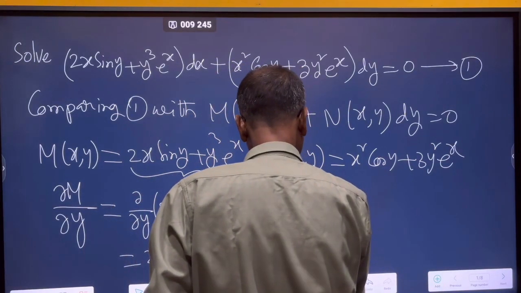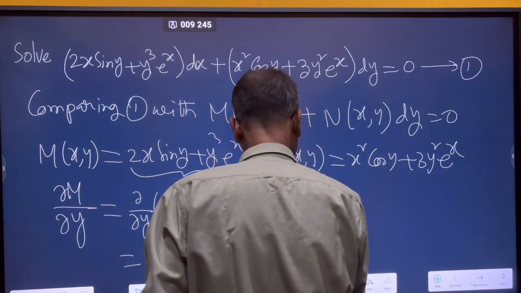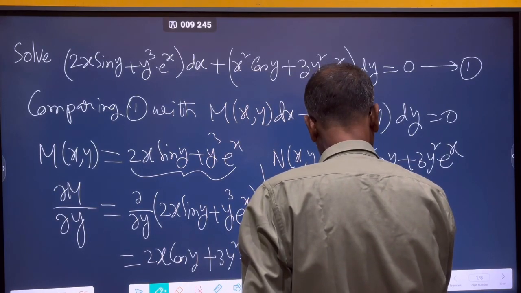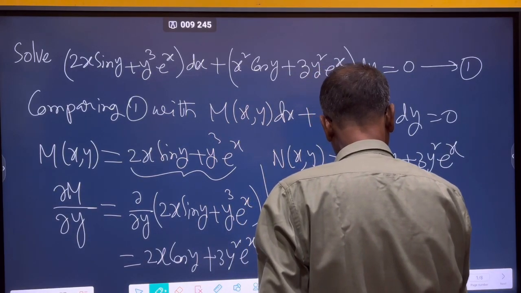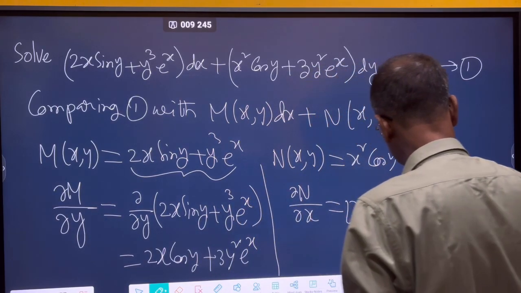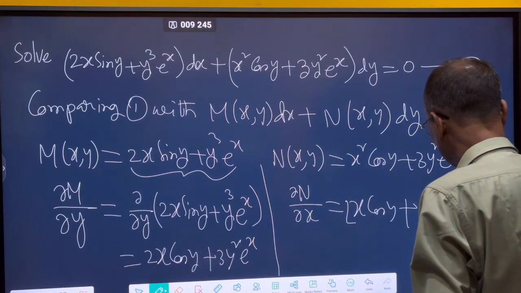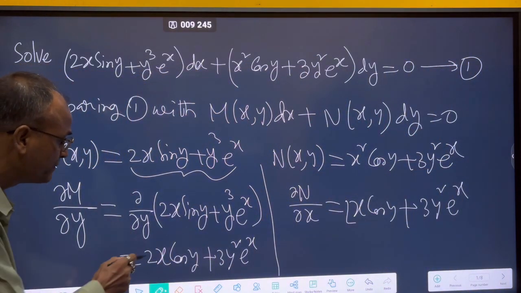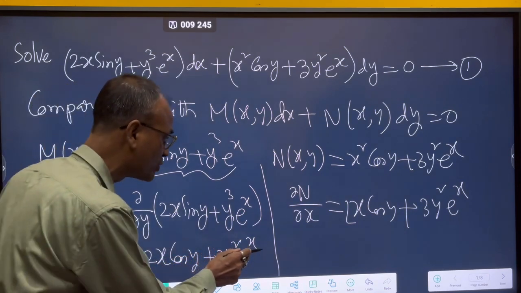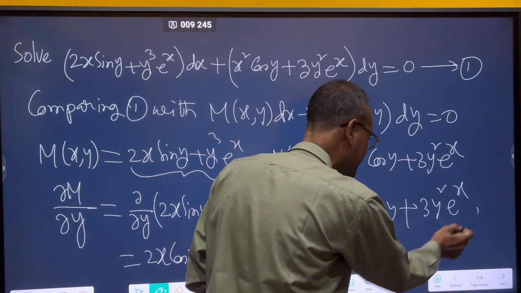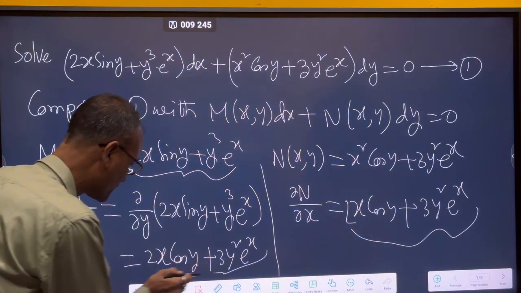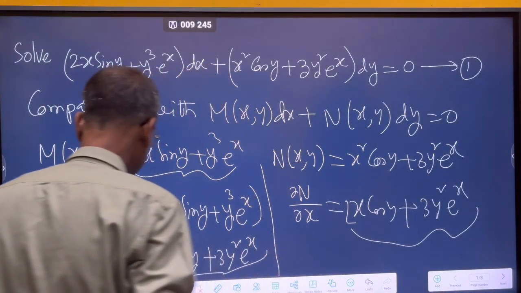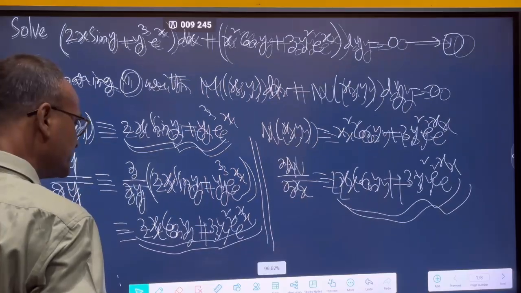Similarly, del N by del x, with respect to x, treating y as constant, you will get twice x cos y plus thrice y square e to the power x. This means that this differential equation 1 is exact.